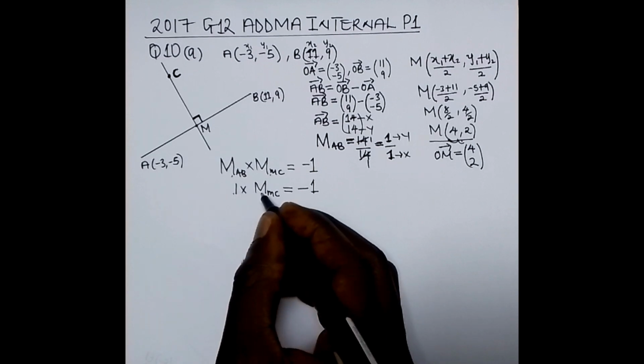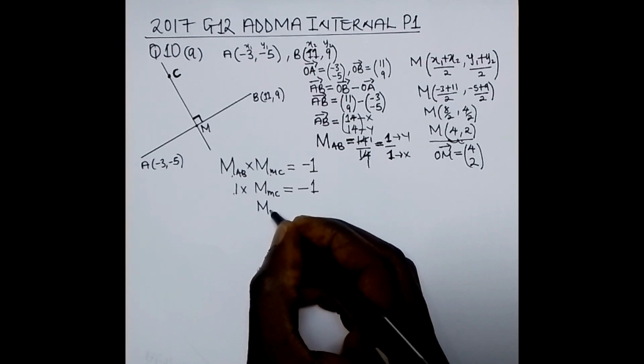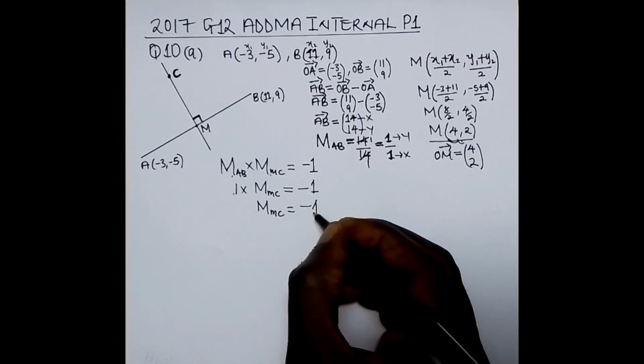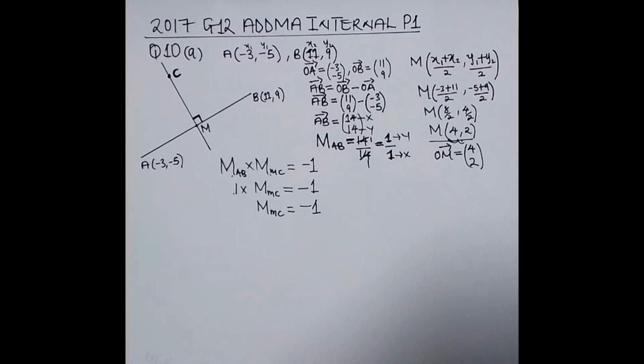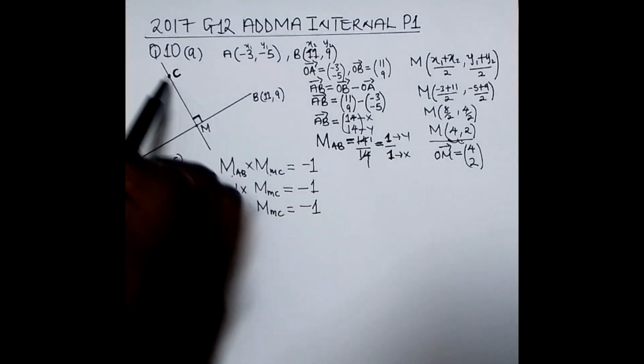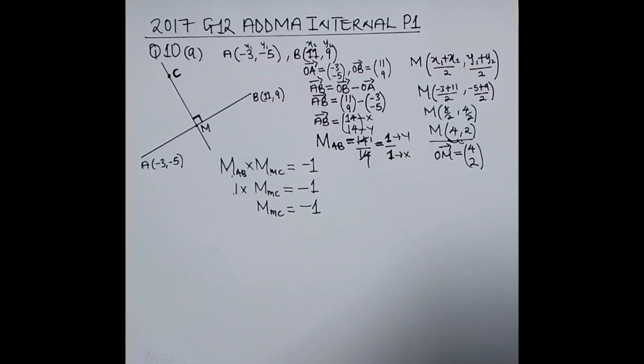The 1 can just multiply with the MC to just give M, gradient of the line MC equal to -1. Okay, so this means that if the gradient of the line AB is 1, then the gradient of this line MC is -1. Now let's do this in terms of components.